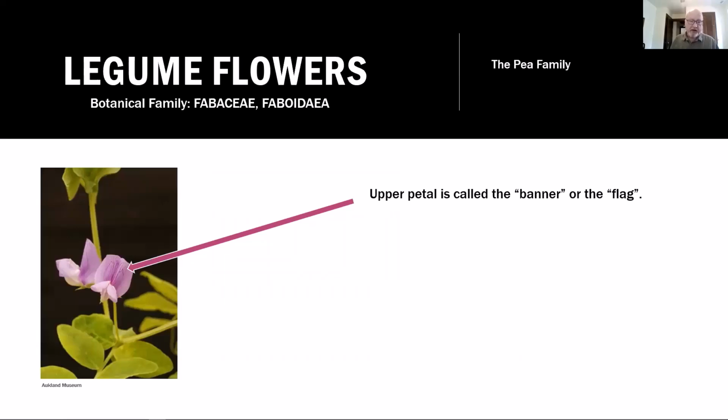So next slide, please. The flowers have a specialized structure. The top petal is the biggest, and it's called the banner or the flag. And it really is a flag or a banner advertising to pollinators.